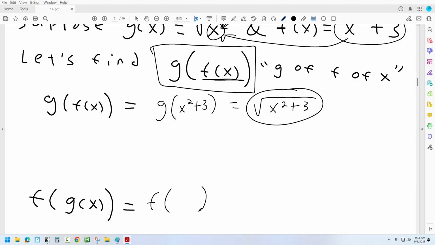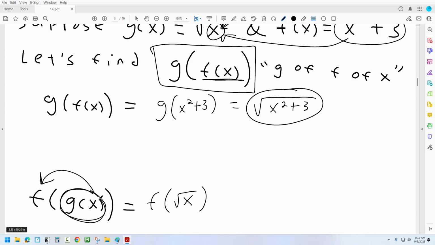Yep, square root of x. So now, you're always taking what's here and you're filling that into the function there for the variable. Okay? So this time, they want me to take g of x, which is the square root of x, and plug that in for the variable in function f.